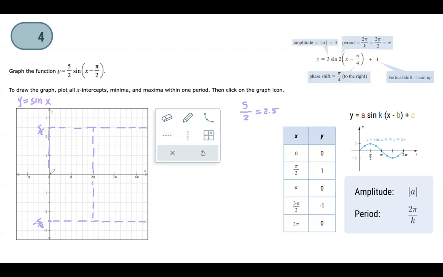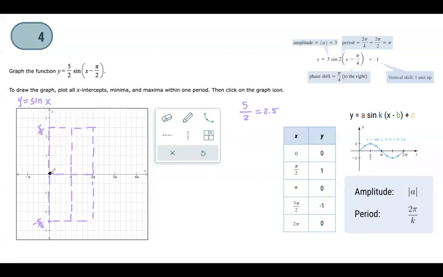So basically, if you want to sketch the original function, you're going to have something like this. You're going to enclose the first cycle of your graph. And it should look something like this.